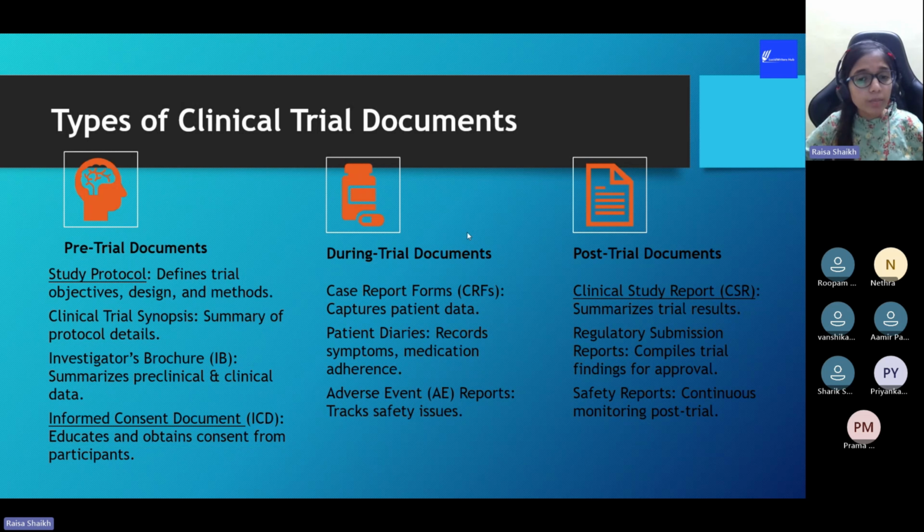The methods section will be in past tense, just like in our manuscripts. Then the results section we add from the tables, and we write the paragraphs. There is a standard template for the clinical study report also. As I said before, ICH E3 is the standard template. Then regulatory submission reports and safety reports are there. Post trials.